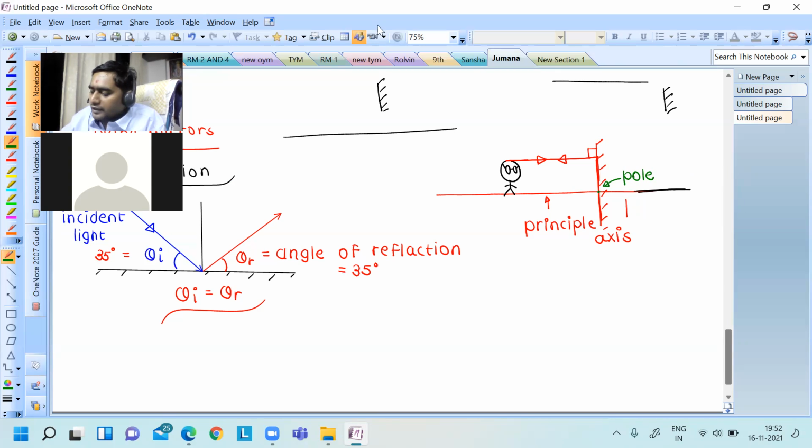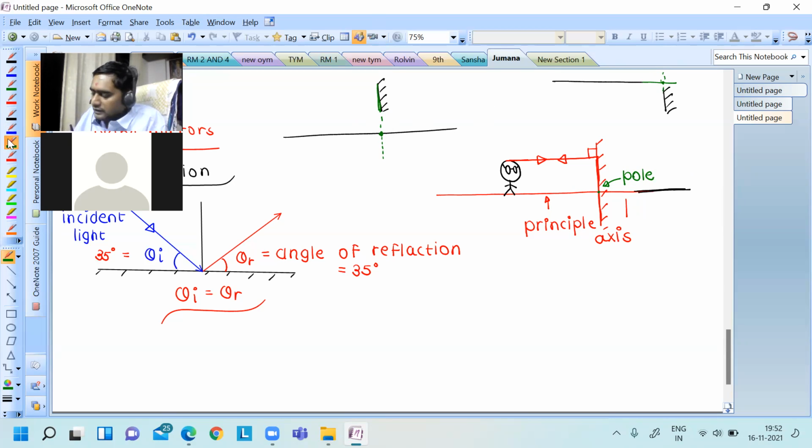Here we don't have any mirror, so this principal axis is not passing through this mirror. Of course it will pass, but you just have to extend your mirror like this. So this can be considered your pole, yes or no? Yes. And the same thing here, just extend it and you will get your pole.